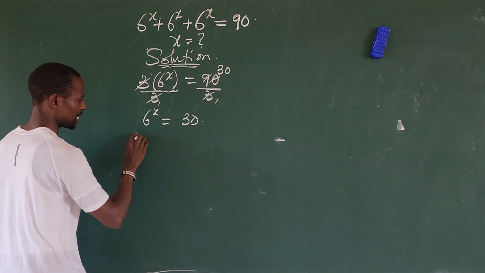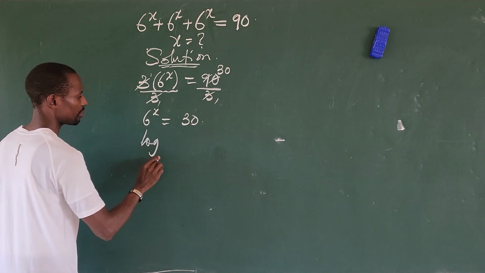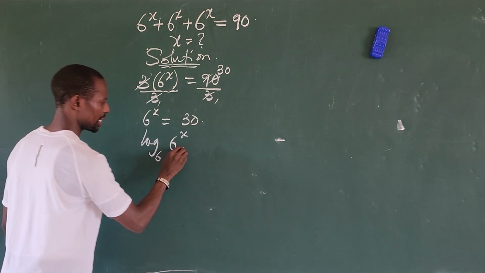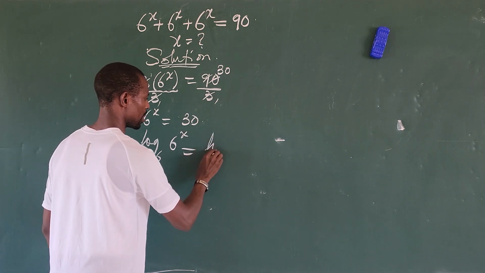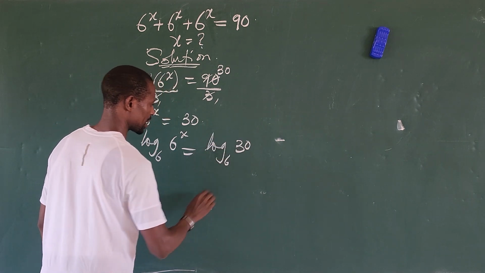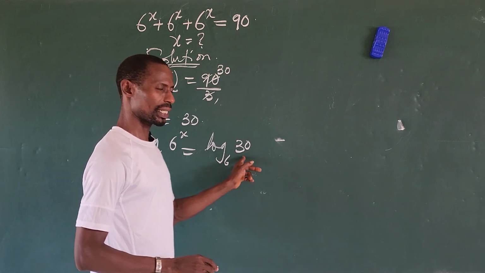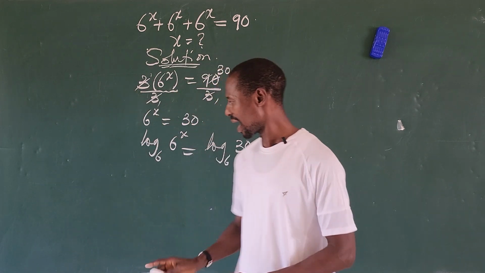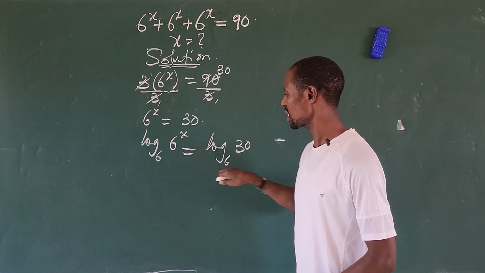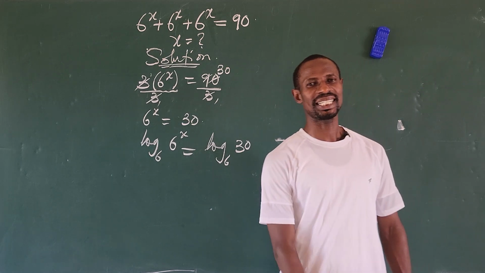Okay, so we take here log of 6 to the power of x, base 6. This is equal to log 30 base 6. Now look at 30. Because we are having 6 here, and we are having the base number to be 6 also, we want to split this 30.